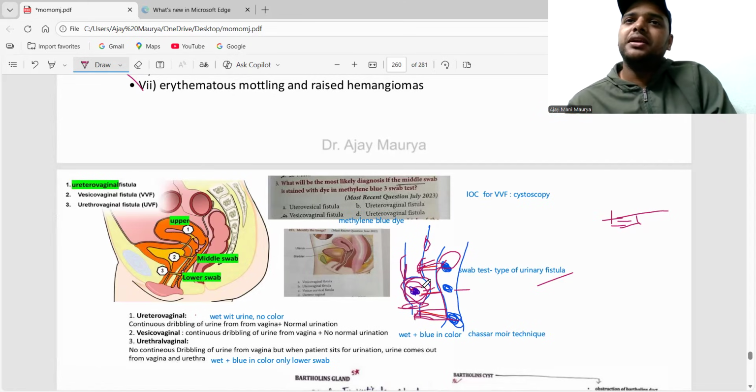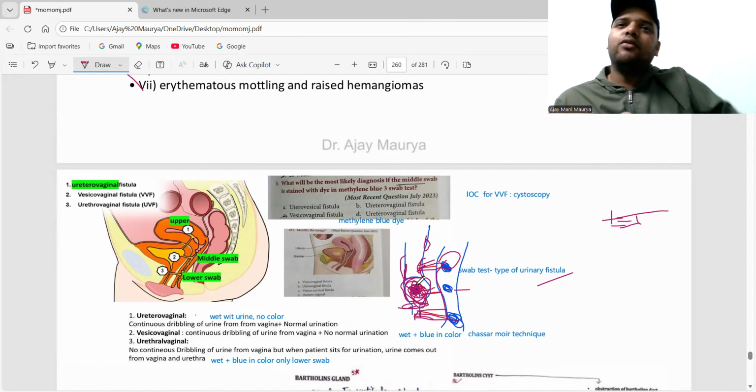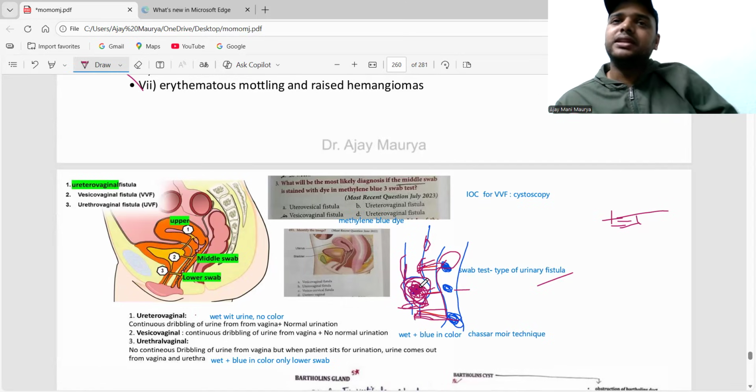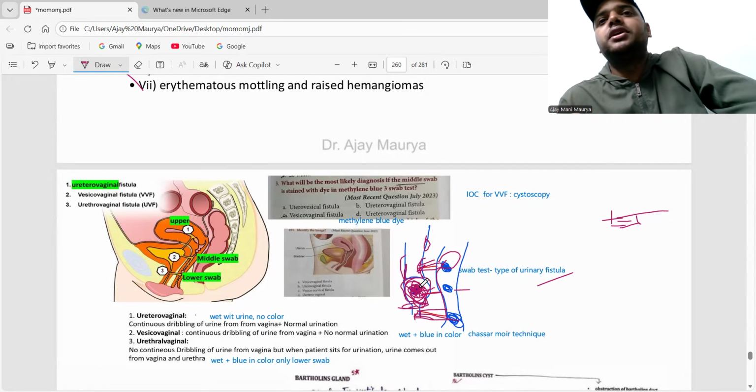Next one, coming to this swab. There is a connection here. Here is the dye, and you have to keep the dye here also, in the bladder. This dye will go to your vagina.